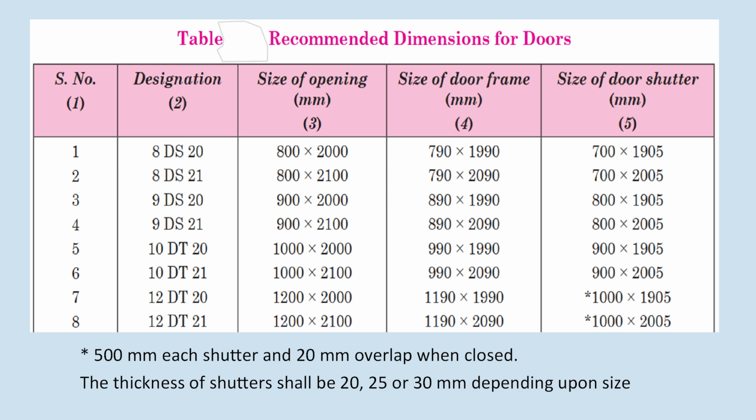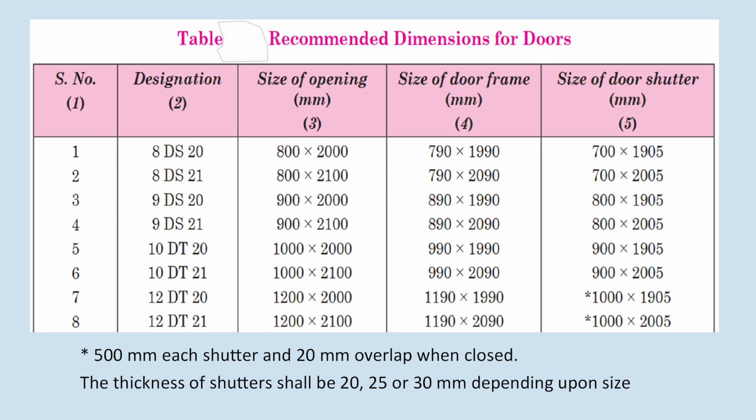This table will provide you idea about the various designation of the door with the size of opening, size of door frame and size of door shutter. So, we have discussed the first 8DS20 means size of opening is 800 by 2000. Size of the door frame will be somewhat less than size of the opening.